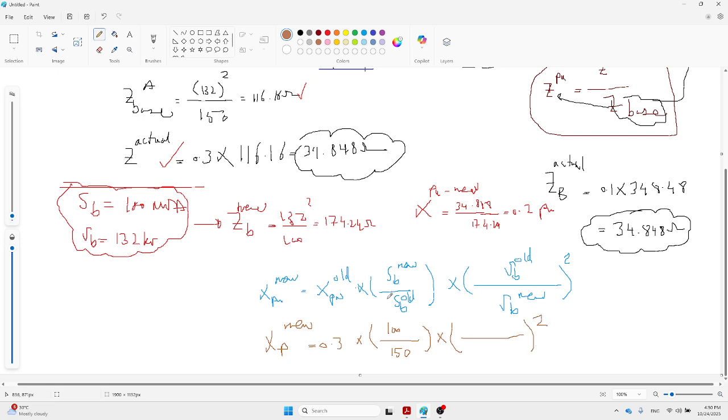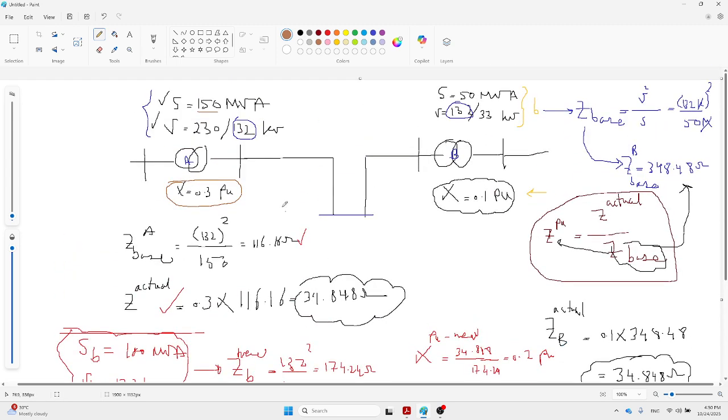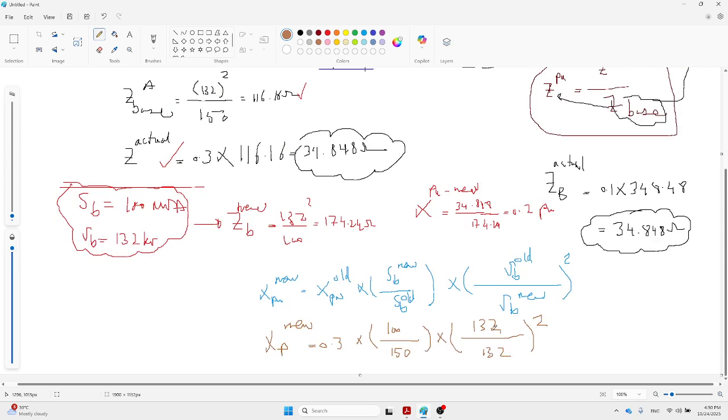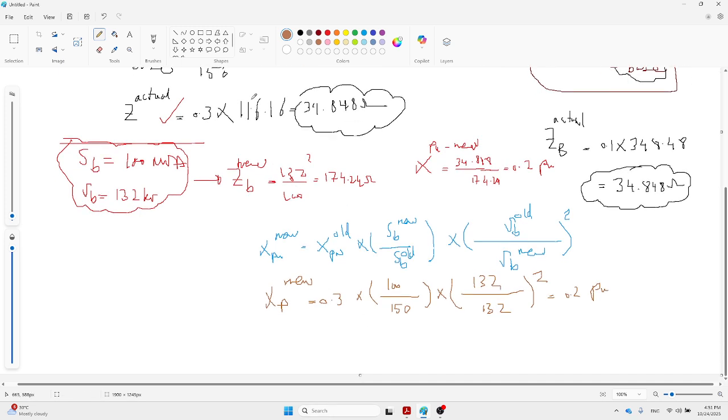V base new is the same 132, and 132 here too, so this is 1. You can see 0.3 times 100 divided by 150 gives the same per unit. So done. Instead of doing many equations and calculations, you can approach it easily.